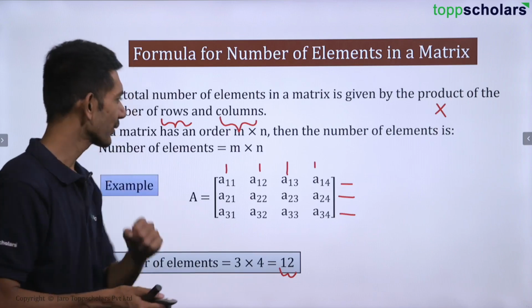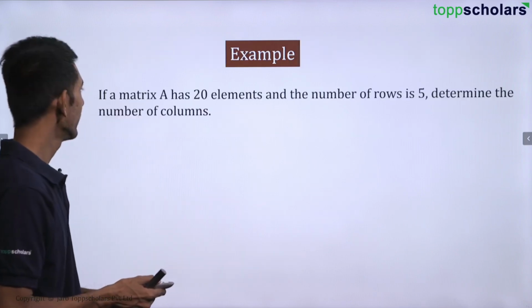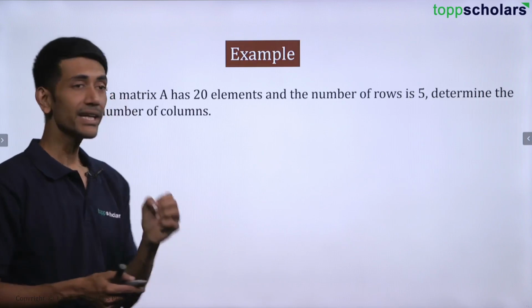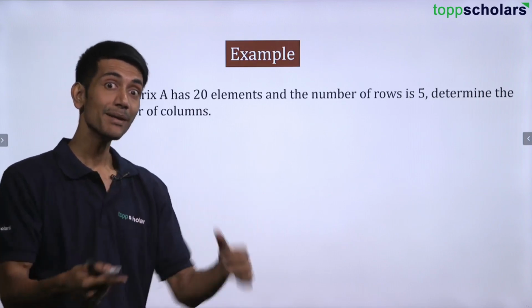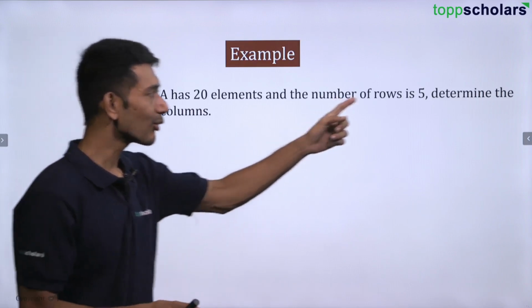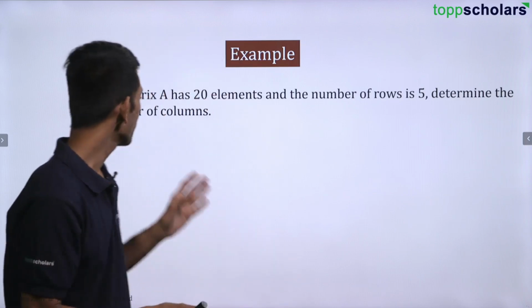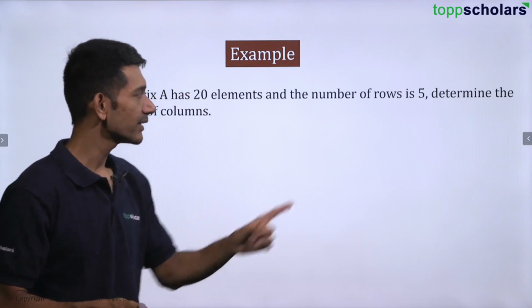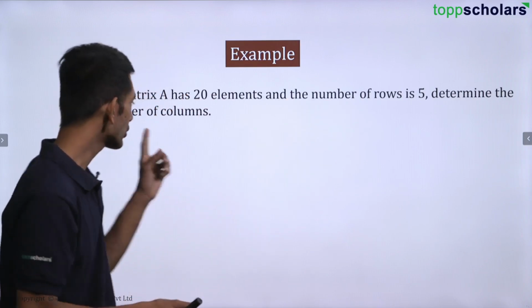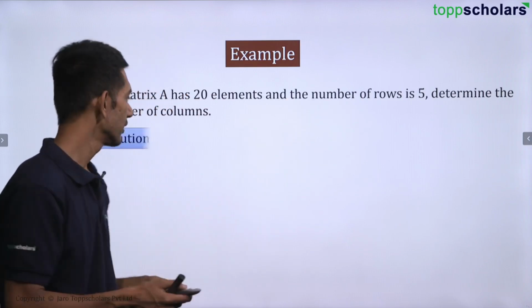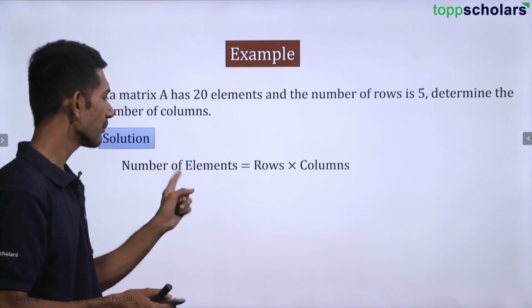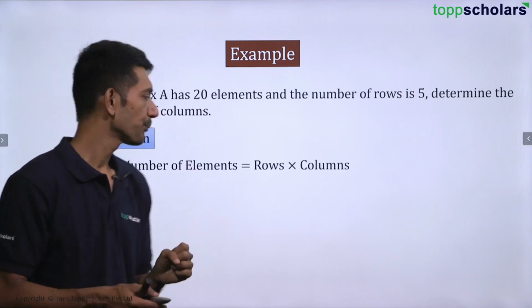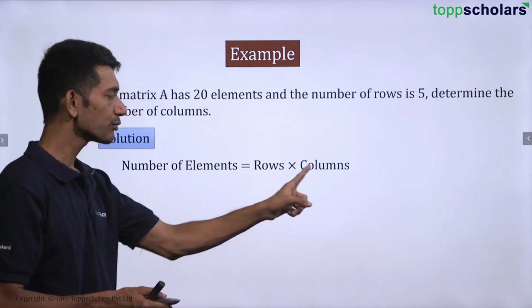Simple. Okay, let's continue. So a matrix has 20 elements. The number of elements is 20 and the number of rows is 5. Determine the number of columns. Simple math. Total number of elements is given, the number of rows is given. We are supposed to find out the number of columns. So here, can I say that number of elements is nothing but number of rows multiplied by columns?